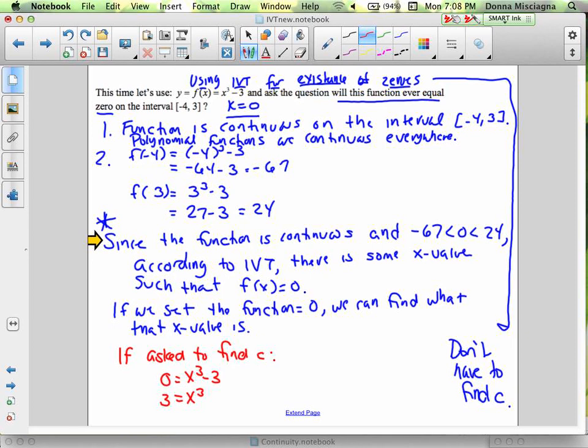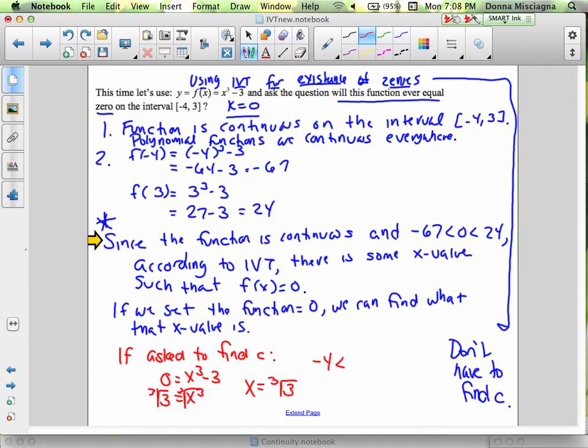You'd take the cube root of both sides, no plus or minus because this is an odd root. And so then you'd have x equals the cube root of 3. That is definitely in between negative 4 and 3. It's positive, and the cube root of 3 is certainly less than 3. So if you were asked to find c, that would be your c.